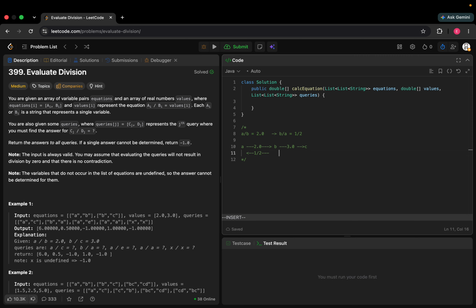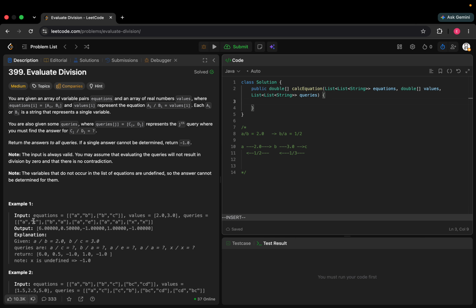Same for the C here. So this is a graph problem.